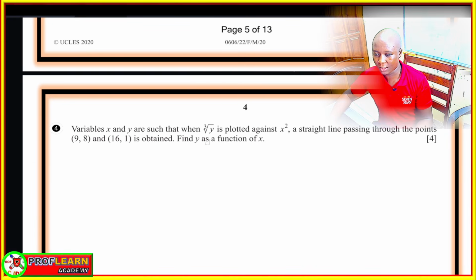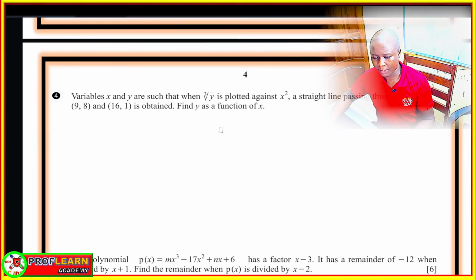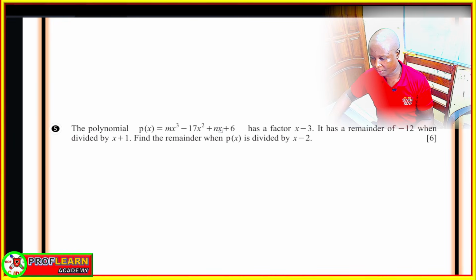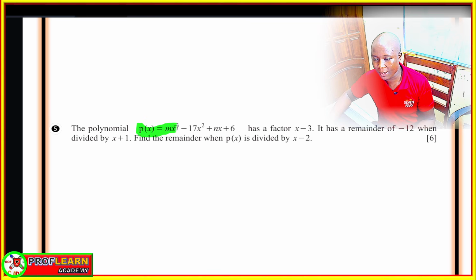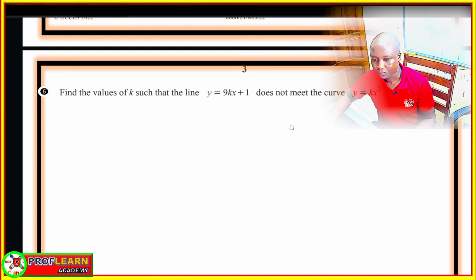A question like this is on linearizing nonlinear functions, and it's also a potential candidate question. Don't forget to review the remainder theorem and factor theorem on this particular paper. So if you don't want to fail 2026 Add Math, ensure you are prepared for the remainder theorem and factor theorem.